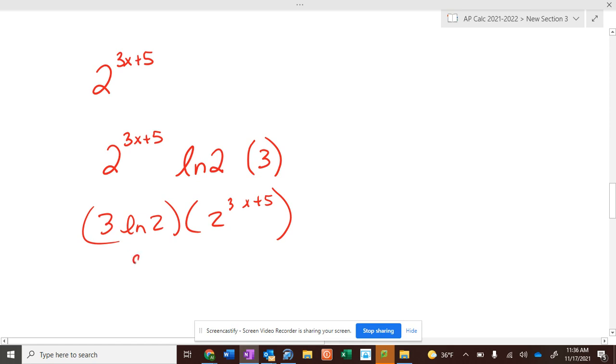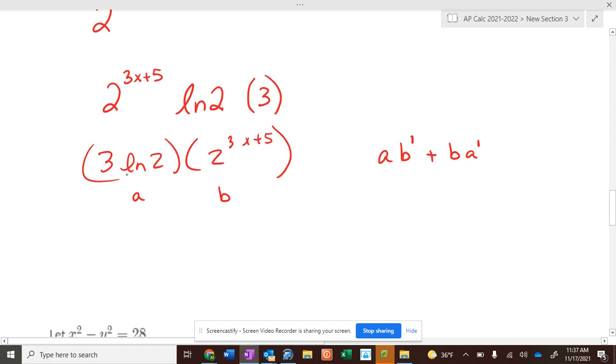And this is A and this is B. If it's a product rule, you take A times the first derivative of B plus B times the first derivative of A. 3 ln of 2, if you punch it into your calculator, is some number. So right now it's 3 ln of 2 times the first derivative of this, which is 2 to the 3x plus 5 times the ln of 2 times 3.